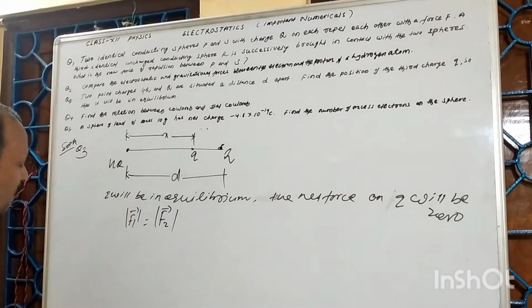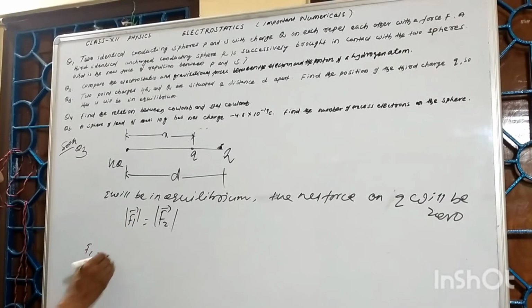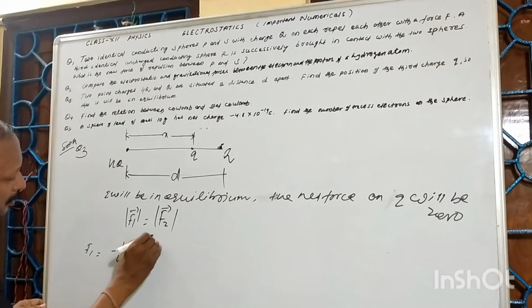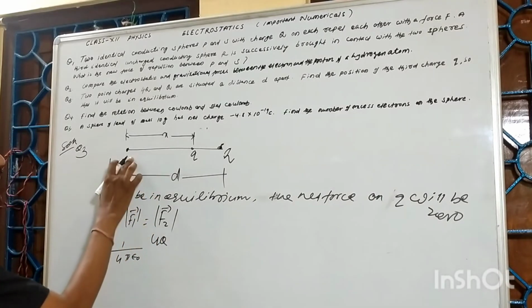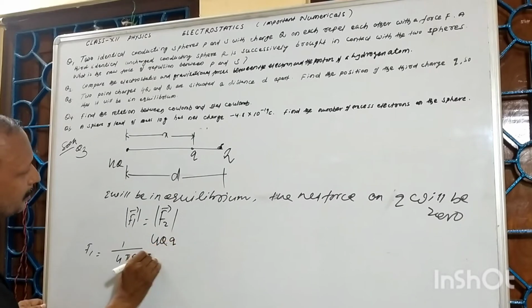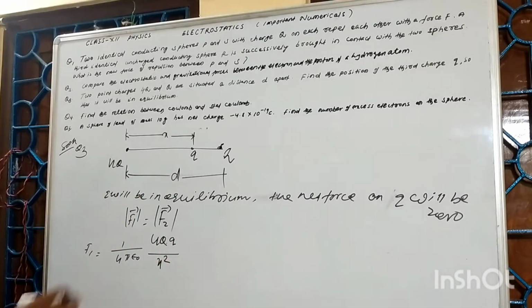Then what is this F1? Now you see, F1 is equal to 1 upon 4 pi epsilon naught 4Q into q divided by x square. The distance between them is x.